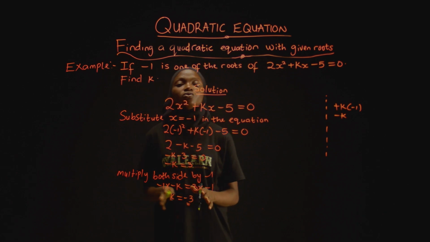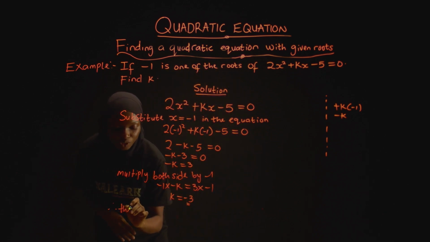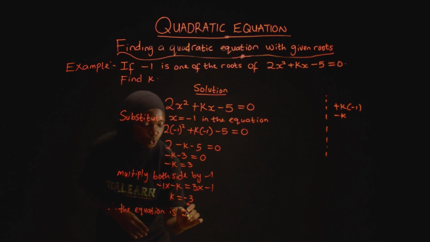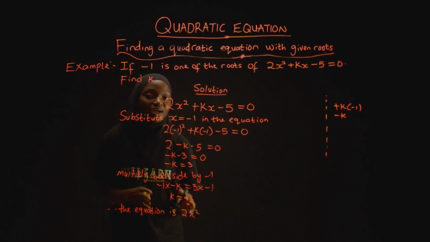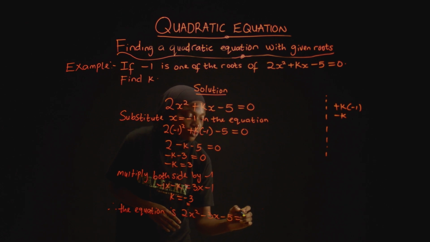And that gives us the value for our k. So therefore, the equation is 2x squared plus k. Now our k is already minus 3. We have minus 3x, then minus 5 equal to 0.